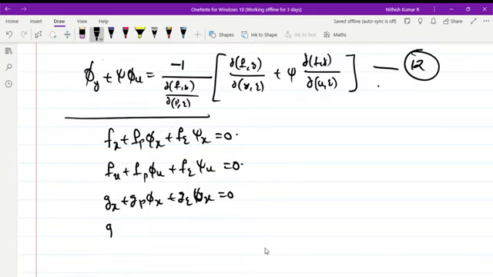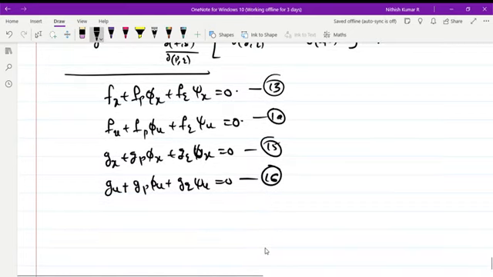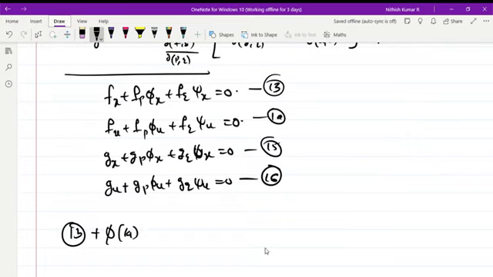So differentiating 1 and 2 with respect to x and u, we get fx plus fp into phi x plus fq into xi x equal to 0. Similarly, fu plus fp into phi u plus fq into xi u equal to 0.